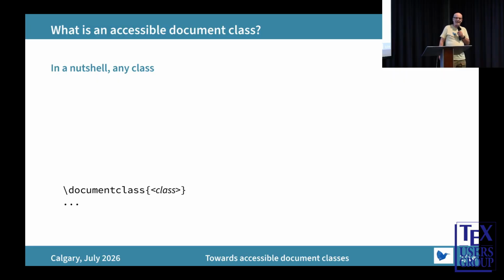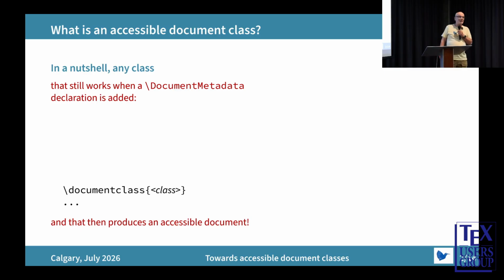What do I mean by an accessible document class? Well, basically for the purpose of the current talk, it's any document class of LaTeX that, if you add document metadata on top, still compiles first.